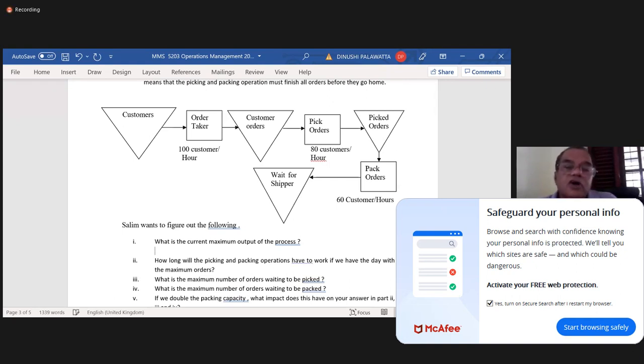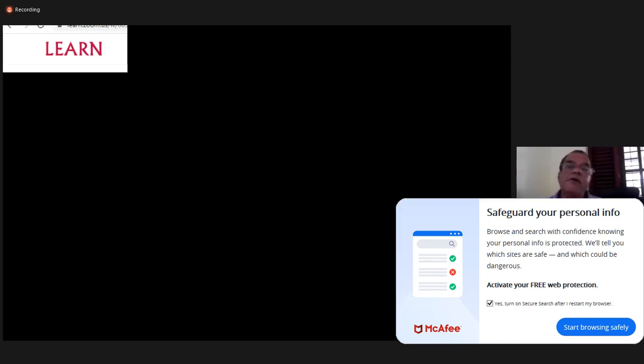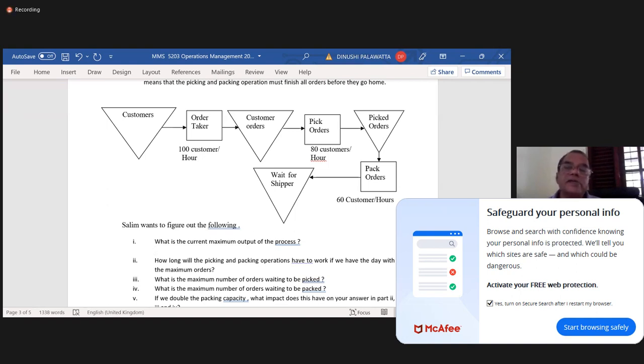What is the current output of the process? You can see here 100 customers per hour orders are taken. And then when it comes to here, 80 customer orders are processed. So there will be 20 customers waiting every hour in this waiting line.